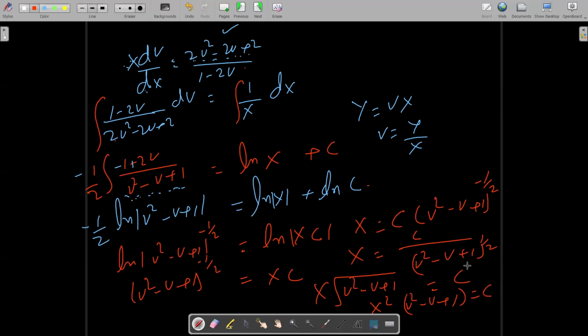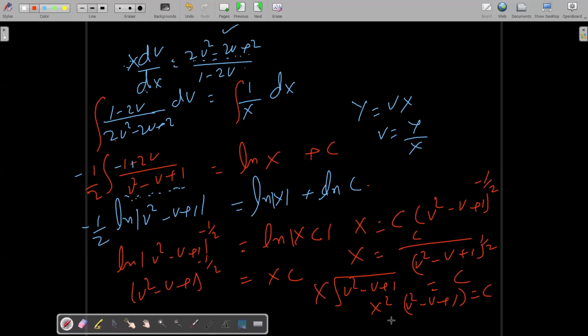Now you can just write the values of x and v, and you would get your final result. You got it? Yes. So v is equal to y over x, right? And what is the value of y and x? You would have to plug in directly into this expression.